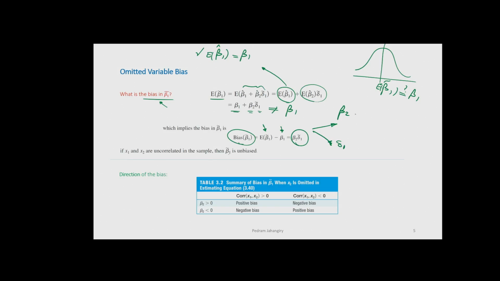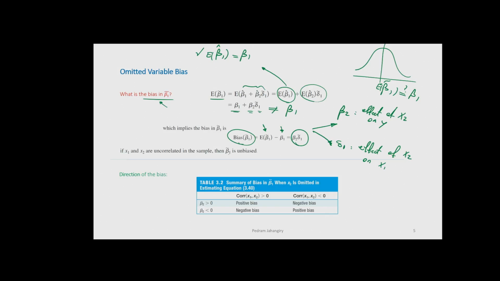What was beta 2? Beta 2 was the effect of the variable that you're dropping from the model on y, so the effect of x2 in this example on y. Delta 1 was the effect of x2 on x1. So this is the thing that I want you to remember.